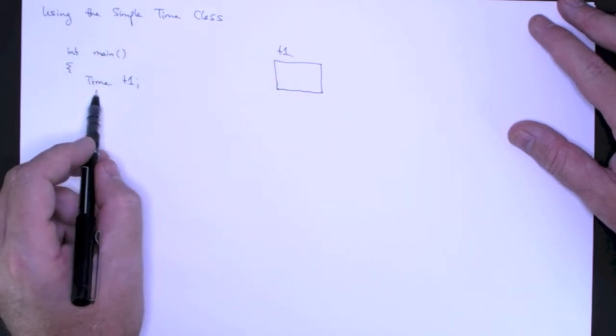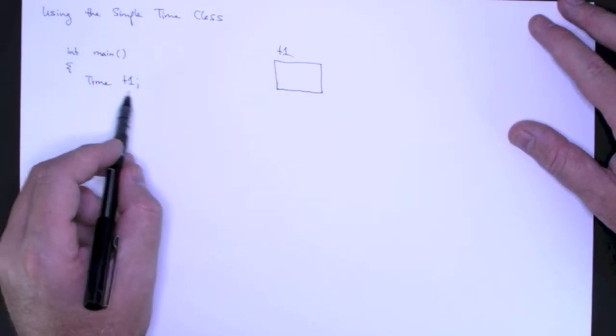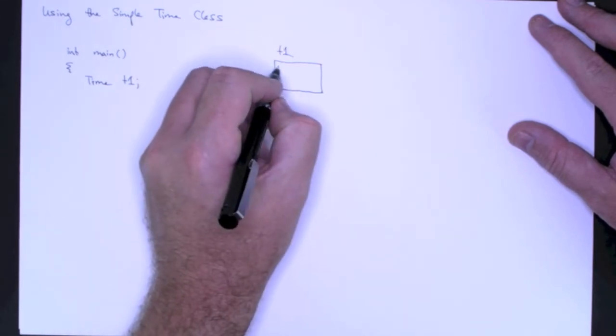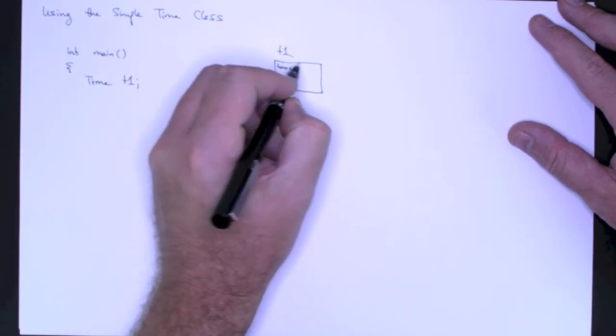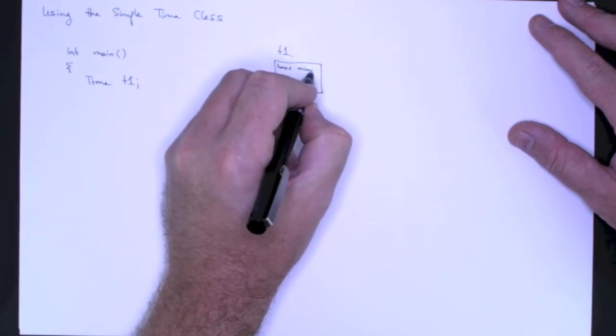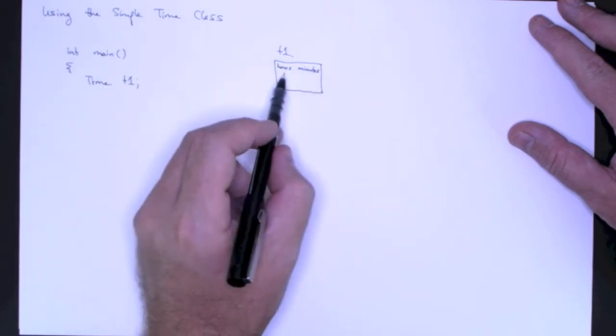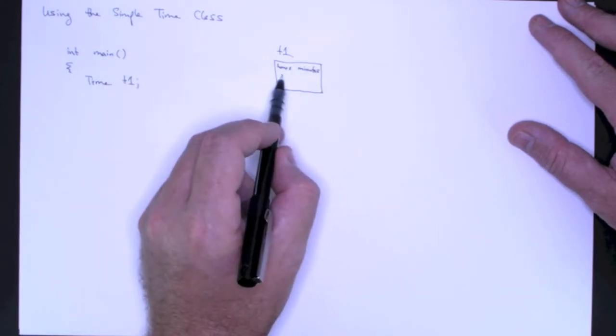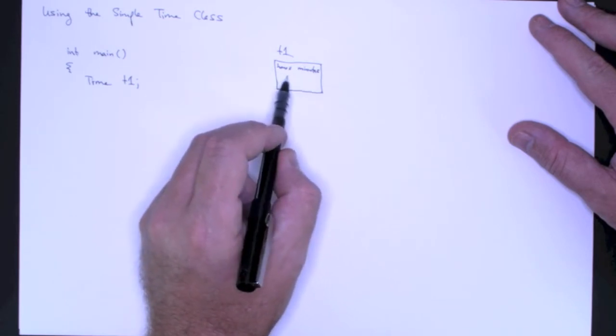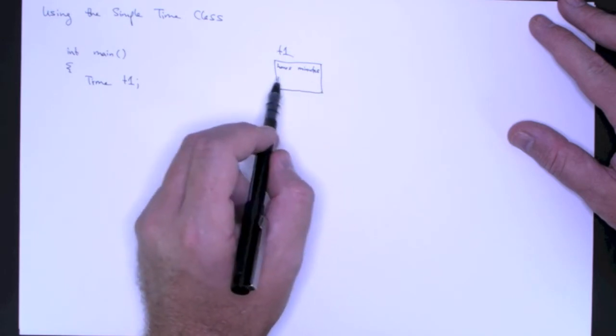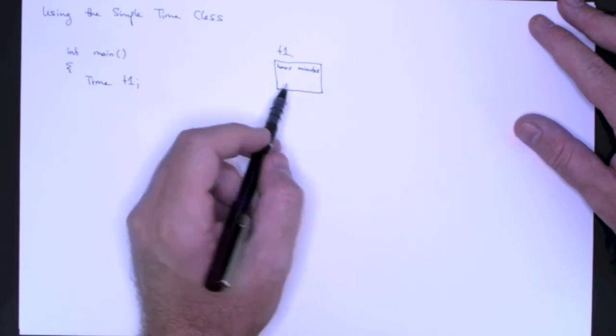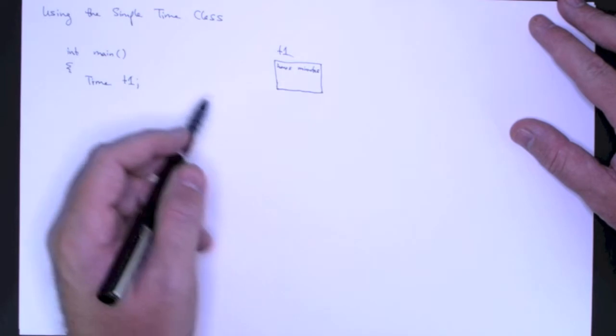Well, you know that a time object consists of two integers, hours and minutes. So it also allocates space for them. And these two private data members have an unassigned value, and this illustrates the importance of making the proper assignments in the default constructor.